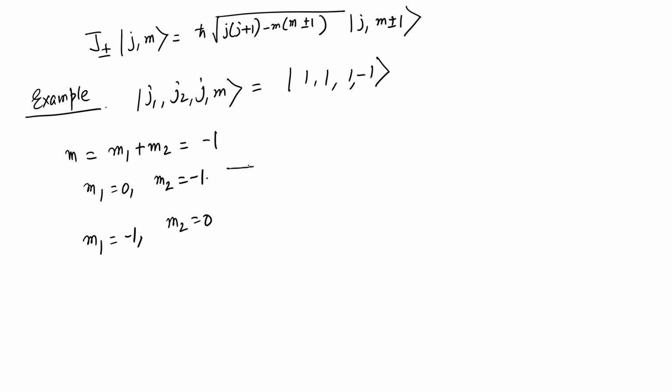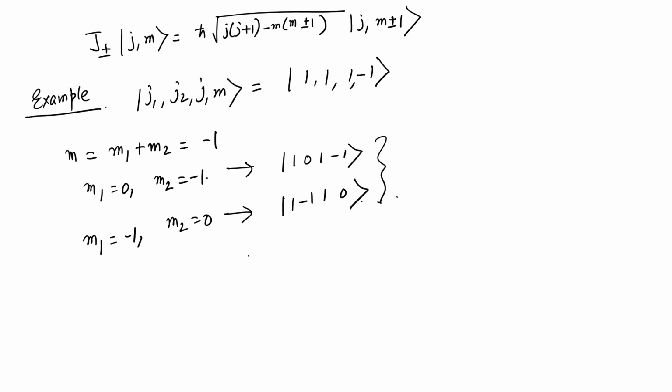This gives rise to a possibility in which we can write this: j1 is 1 and m1 is 0, and j is of course 1 and m is of course 1. So, this will give rise to a state in terms of j1 m1, j2 m2. These are 1, 0 and 1, minus 1, and the other one will be 1, minus 1 and 1, 0. So, these are the combinations.